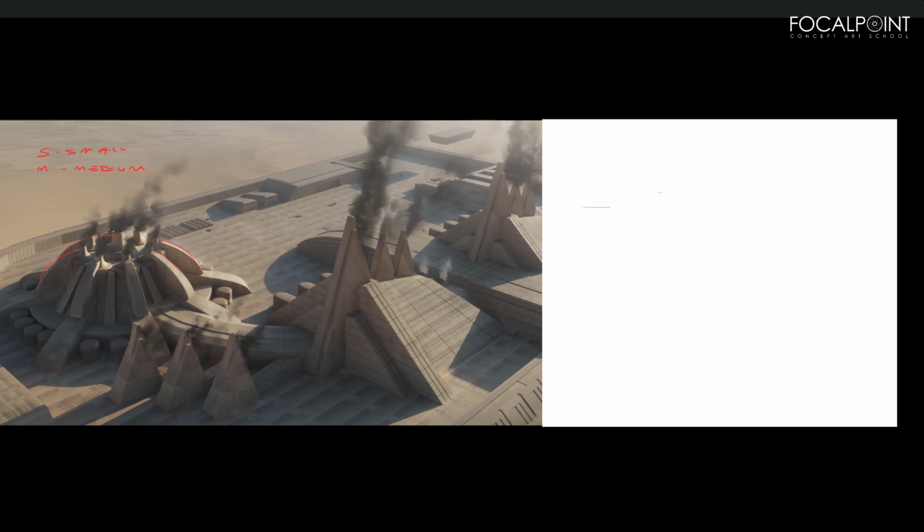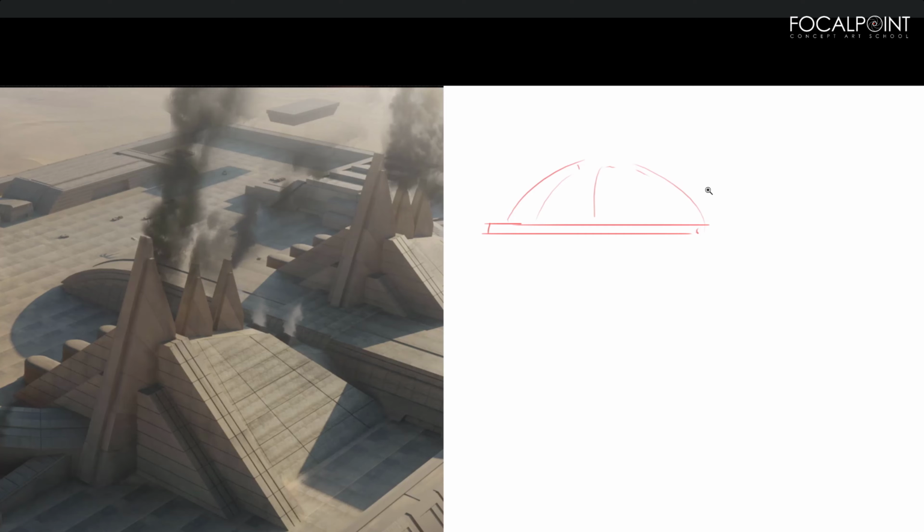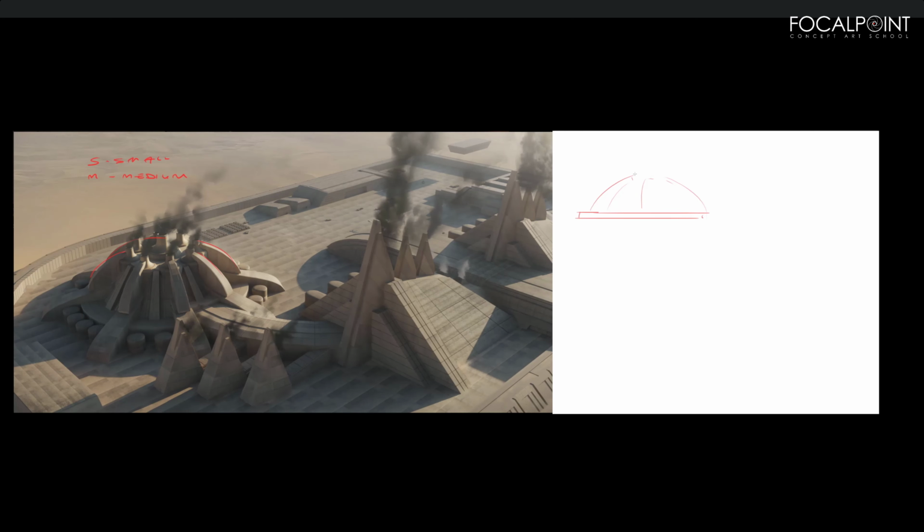So if I would just bring down your structure here, this sort of dome area of the environment, and we just try to digest the vibe of this shape, right?